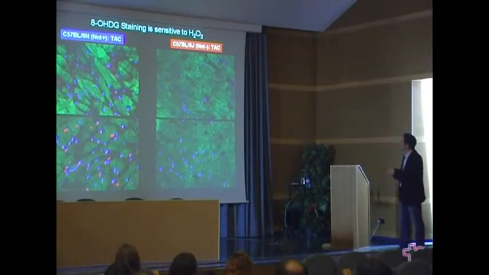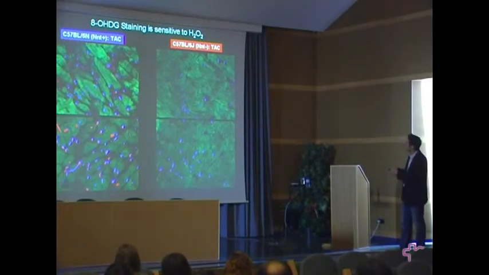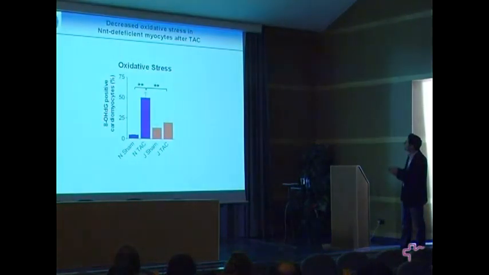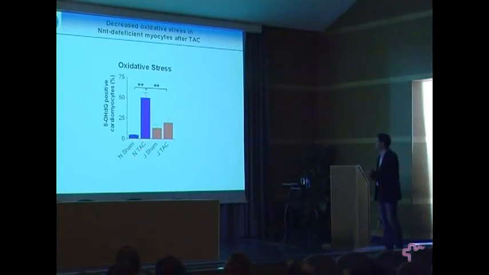So this we observed in the TAC. These are actually all from animals after aortic banding, and these are 2 different examples from a J mouse, and these are 2 examples from an N mouse, and you see clearly, especially in this sample, that there was a much higher likelihood of red staining in these tissues than in the J mice. When quantifying this, the percentage of 8-OHdG positive cardiomyocyte nuclei was tremendously increased in the N mice, but not at all in the J mouse.